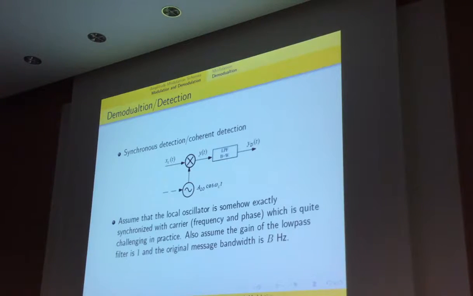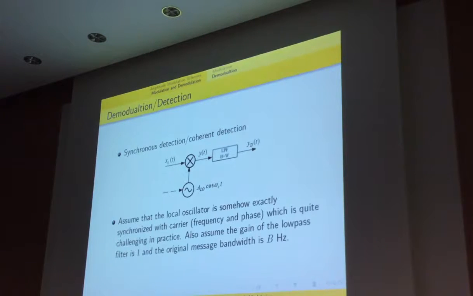This diagram shows you need to pass y(t) through a low pass filter. Then you can get y_d(t), which is supposed to be the estimation of the original message x(t). Estimation only, it may not be exactly the same. Why can this be applied to both of these schemes?